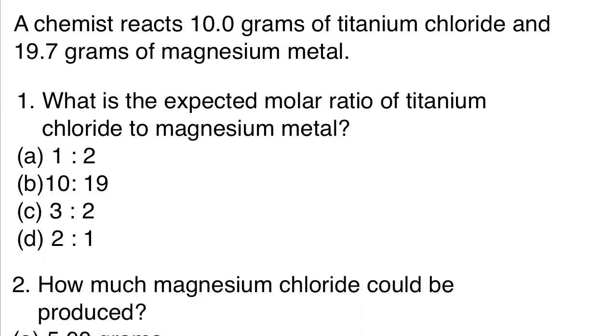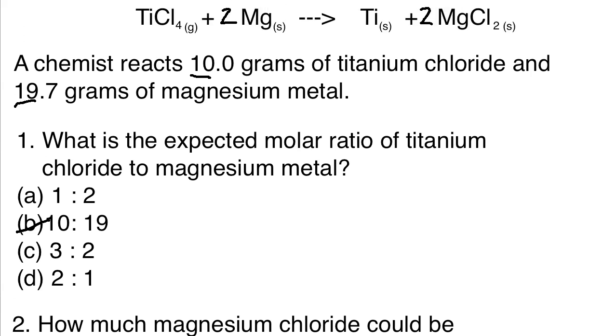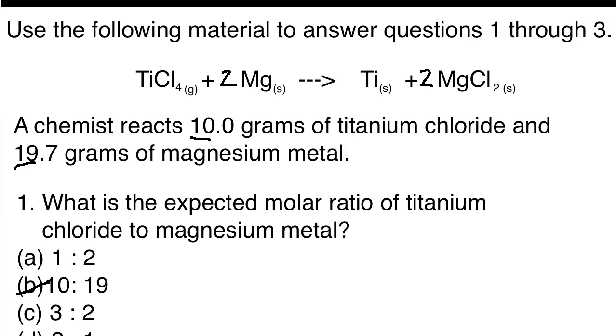All right, what is the expected molar ratio of titanium chloride to magnesium metal? So this should have been the easiest of the bunch probably. Hopefully you eliminated B. 10 and 19 are simply a response to draw you in based on the gram numbers that you see here. That has nothing to do with the molar ratios. Now the molar ratios come from the balanced equation.